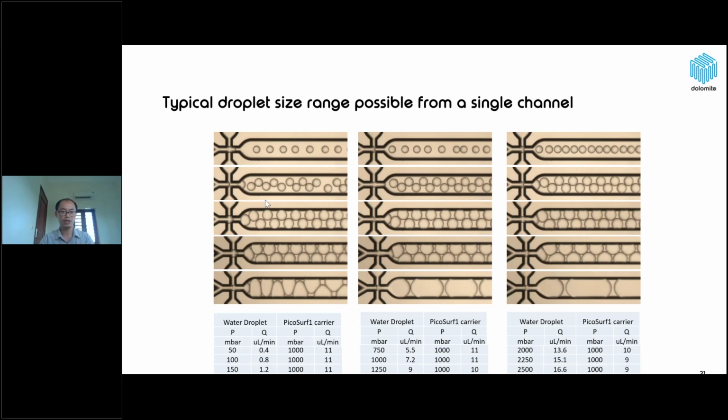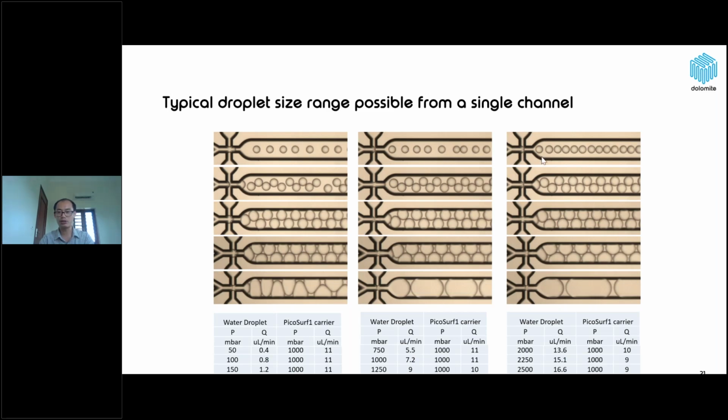It means we increase the flow rate ratio between the droplet phase and the continuous phase. The droplet phase pressure is increased from 50 up to 3,000 millibars while we keep the continuous phase at 1,000 millibars.